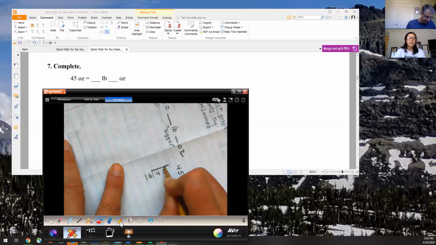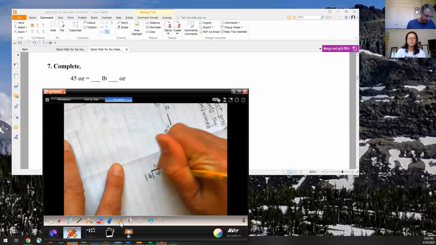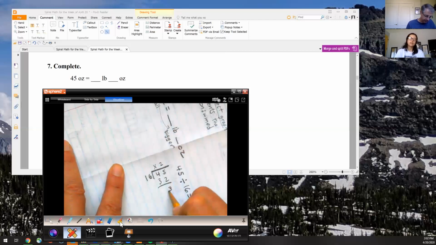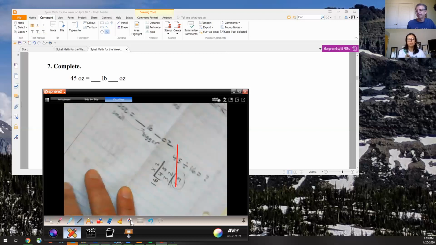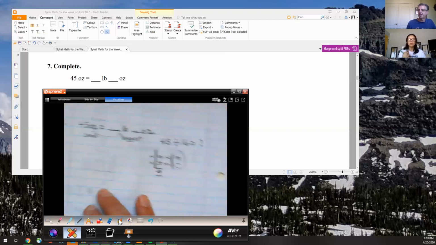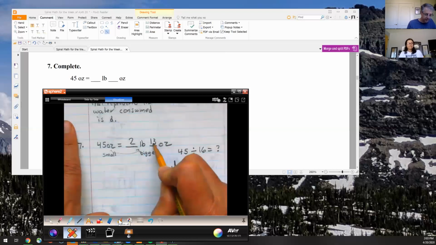So 16 can't go into 4, but it can go into 45, and it goes in twice. And then 2 times 16 gives you 32, and then when you subtract, you should end up with 13. So your final answer should read 45 ounces equals 2 pounds and 13 ounces. Because your 2 is going to be your pounds, and your 13, which is your remainder, is going to be your ounces. All right, great.